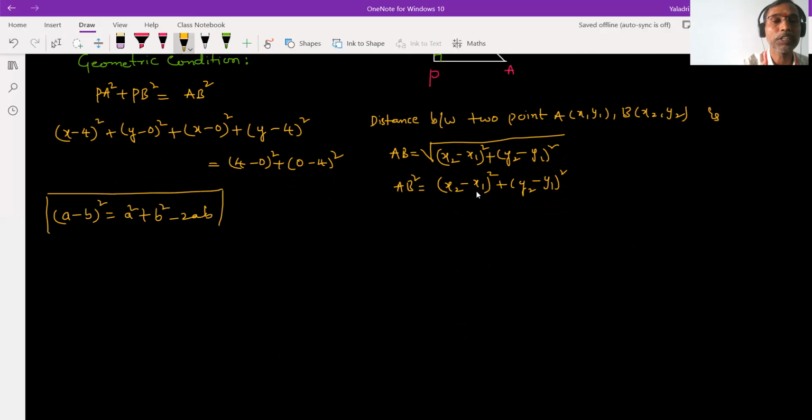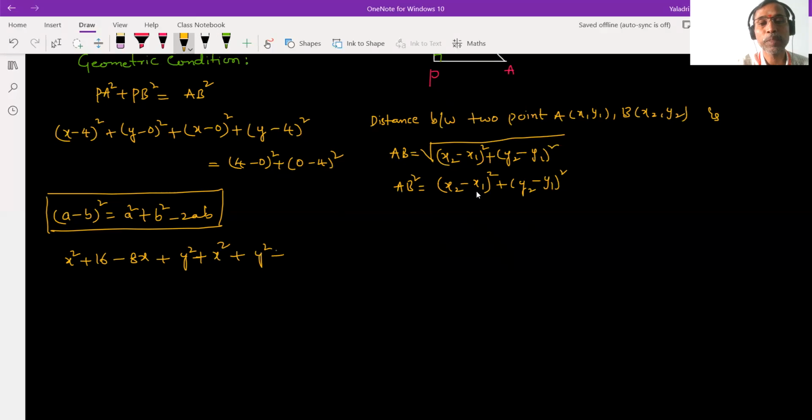Now, that is x square plus 16 minus 8x, plus (y minus 0) whole square, that is y square, plus here also (x minus 0), that is x whole square. Then y square plus 16 minus 8y is equal to (4 minus 0) whole square, that is 16, plus 16. Also 0 minus 4 is minus 4, and minus 4 whole square is 16.